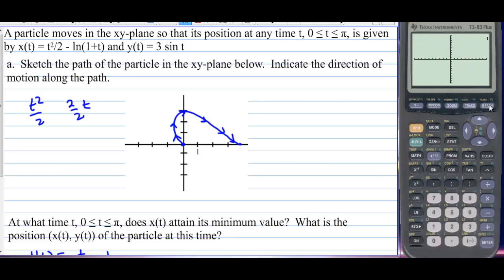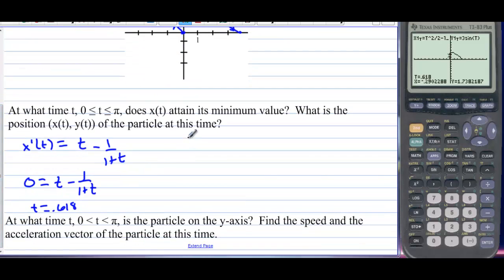Hit graph, there it is, graphed again. And we can calculate just values. And I'll plug in 0.618. Press enter, and its position is, let's scroll back down here, negative 0.290 and 1.738.